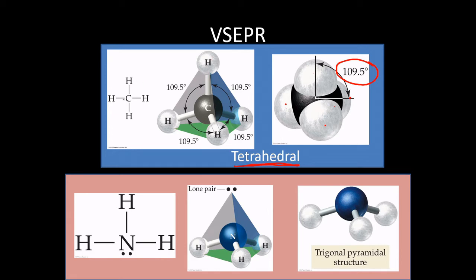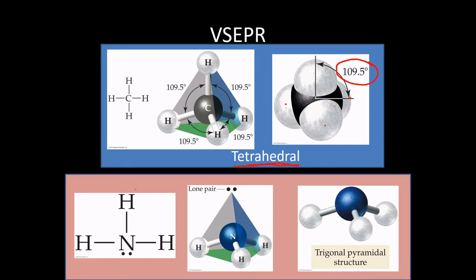If we change to a molecule that still has 4 groups, so we still have 1, 2, 3, 4 groups on that central atom, but now one of those groups is a lone pair instead of being a bonding group. So we have a lone pair in the mix here.